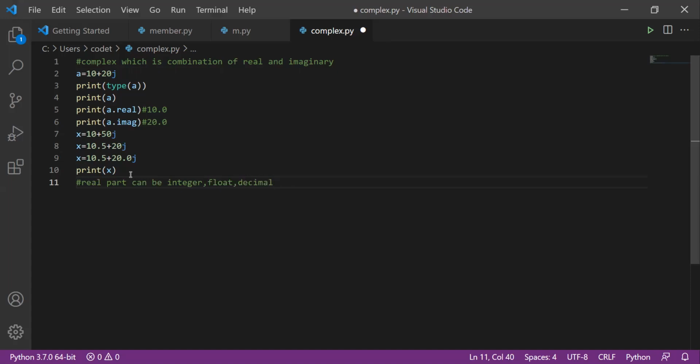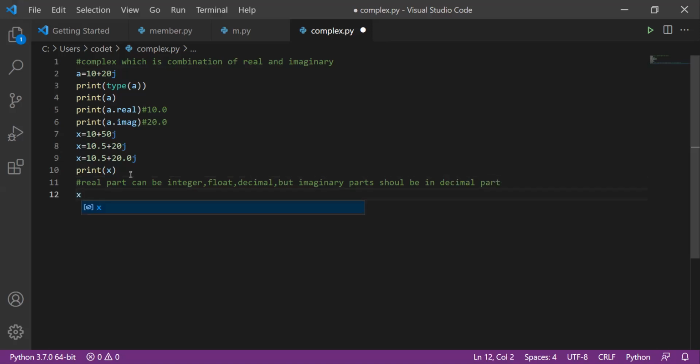But the imaginary part should be in decimal form only.